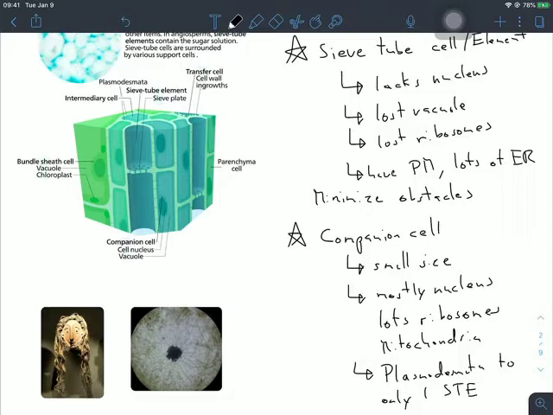In order to get its orders, in order to listen to its commands and properly be able to function, it needs an attached brain. A small cell, can't move very much, but it's very active with its tons of mitochondria and ribosomes, and does the thinking for our sieve tube cell, our sieve tube element.